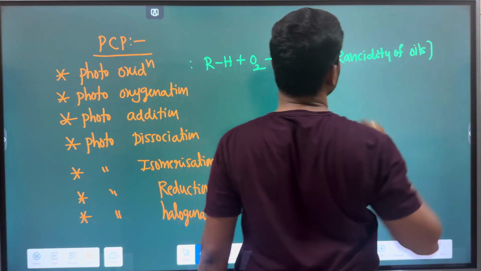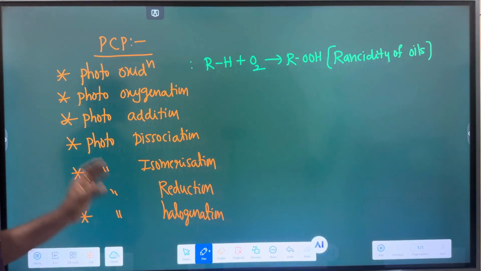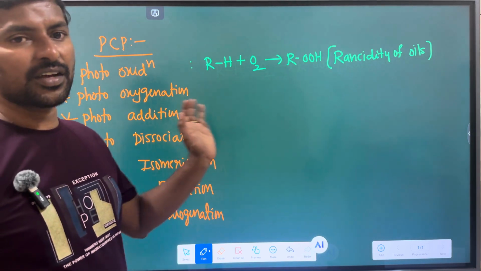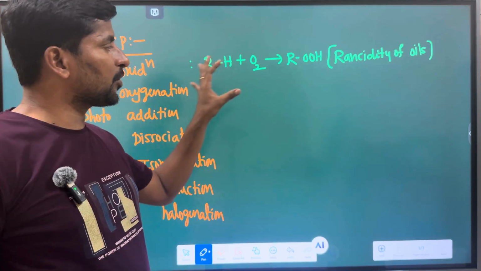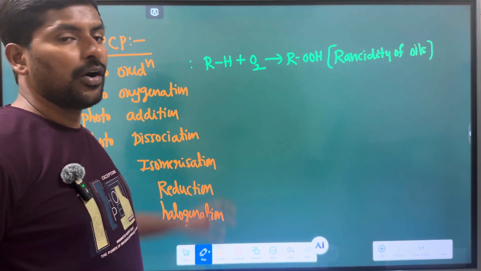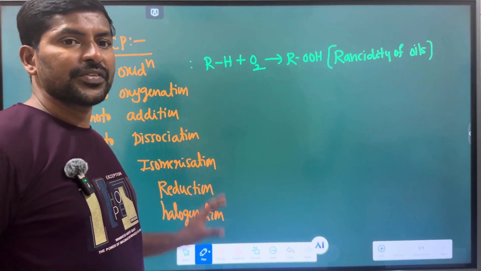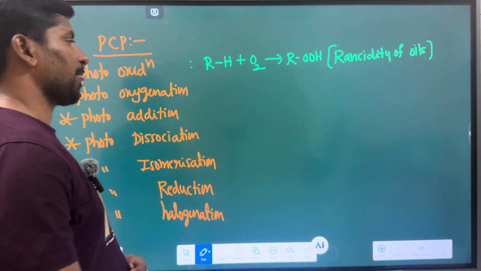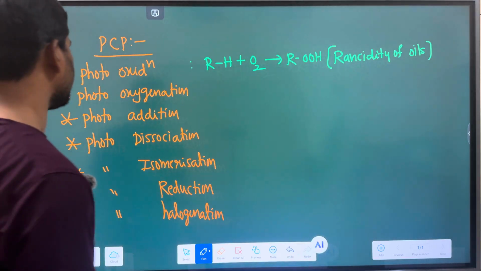If oils are exposed to light energy, they undergo oxidation, and fatty acids are converted to some volatile gases. Some bad smell we may observe from oil, and that is due to oxidation of oil. That is called rancidity of oil, in which photo oxidation is involved.